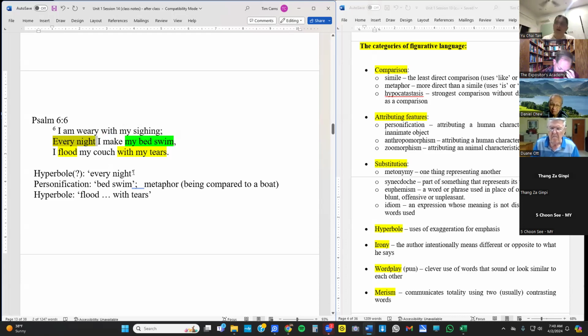And then the guy went on to say to himself or to the church that you must come to God with that kind of severity of heart, that you must cry to the Lord every night, otherwise the Lord will not hear you. Would that be the error if we fail to see the figurative features in this verse?